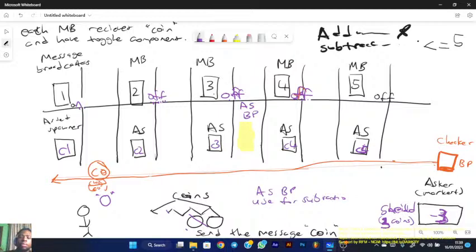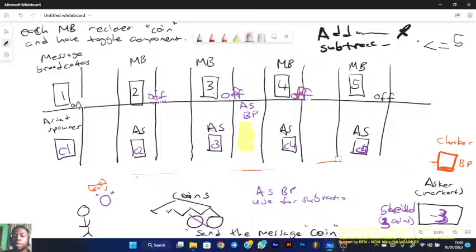But assuming the player has 3 coins, C1, C0, C2, coin 3.